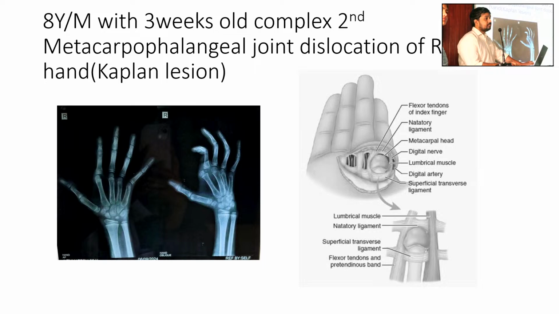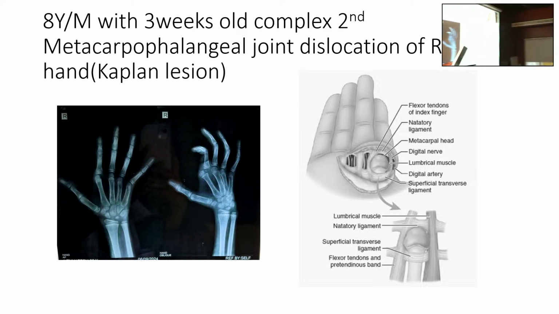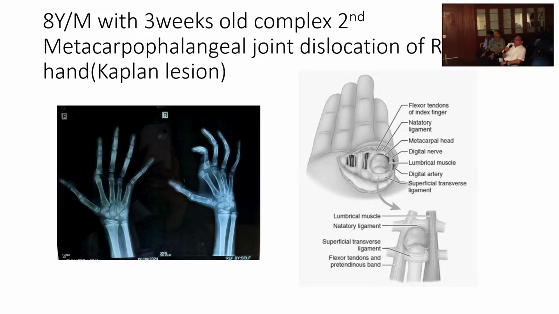It can happen with any joint. Can you repeat again, for the benefit of everyone? Kaplan, what is it? Dislocation of the second metacarpophalangeal joint. And what is Kaplan? A complex entrapment.